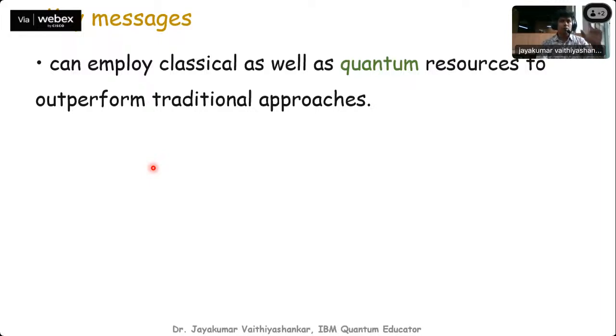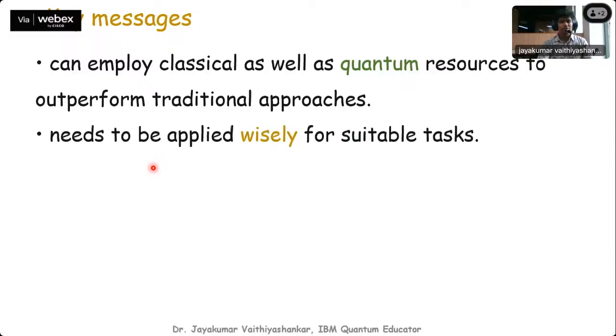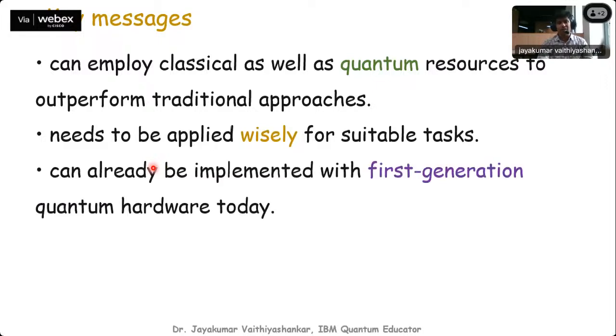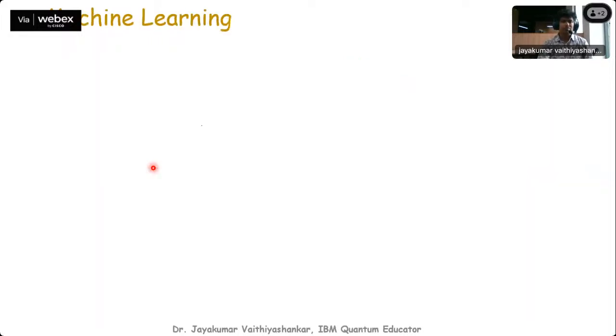Do as much as possible at your classical end, and only for a certain crucial part go for quantum machine learning. Analyzing this and picking the right problem is very tough. Again, we need so much knowledge. It will take a lot of time.